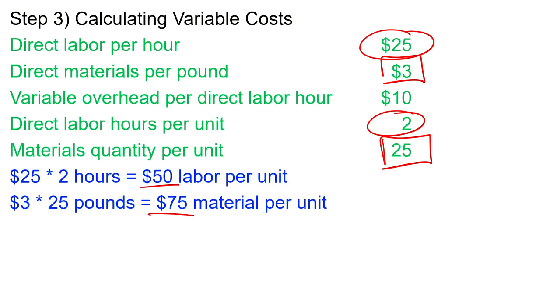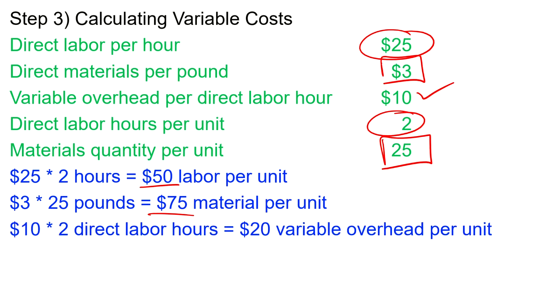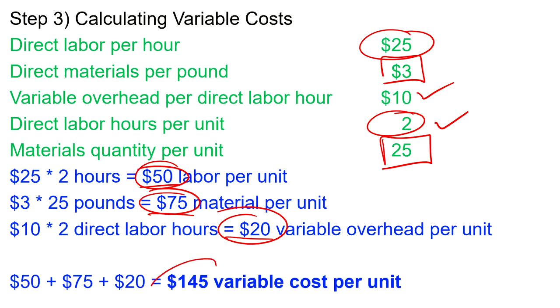And we are told that there is $10 of variable overhead per direct labor hour. We were told that there were 2 labor hours per unit, so there's $20 of variable overhead per unit. We add these 3 numbers, 50, 75, and 20 together, and we get a variable cost of $145 per unit.